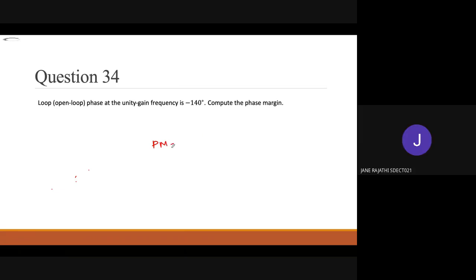Phase margin is 180 minus the mod of the phase at unity gain, so 180 minus mod of minus 140 degree. So this is 40.